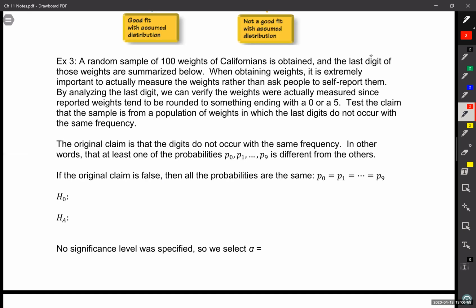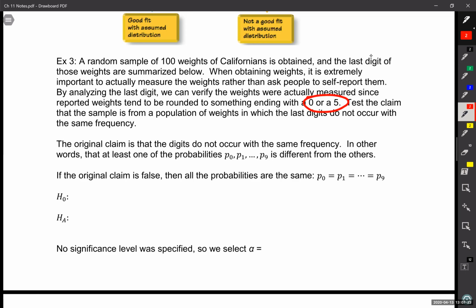If you ask someone what they weigh, they're probably going to say, I weigh 200, or 210, 215, usually those nice round numbers. Rarely people will say, I weigh 197, or I weigh 203. So a lot of times when we're rounding, it will end with a 0 or a 5.